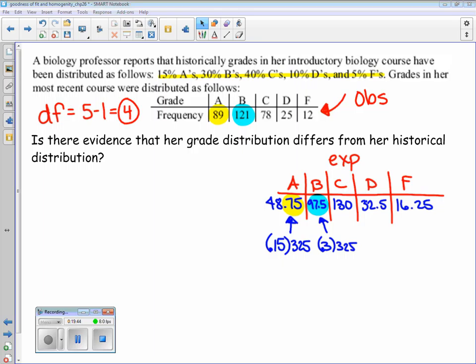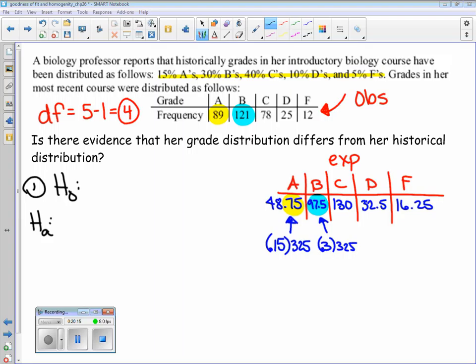So let's start it. Step 1. What is the first step in a hypothesis test? Not the conditions. That's step 2. The hypotheses themselves. Good. In this context, what would it be? We're not going to use the word chi-squared, actually. What did I say before? The distribution is the same.